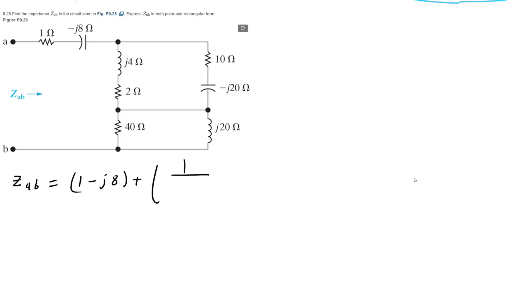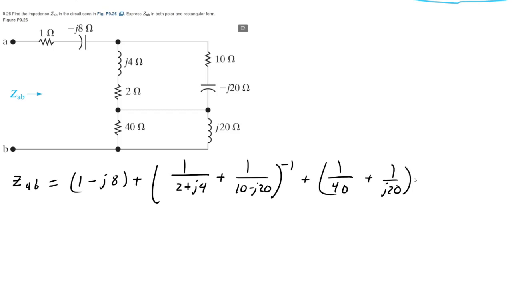So 1 over 2 plus j4 plus 1 over 10 minus j20, so minus 1, plus 1 over 40 in parallel with 1 over j20 minus 1.